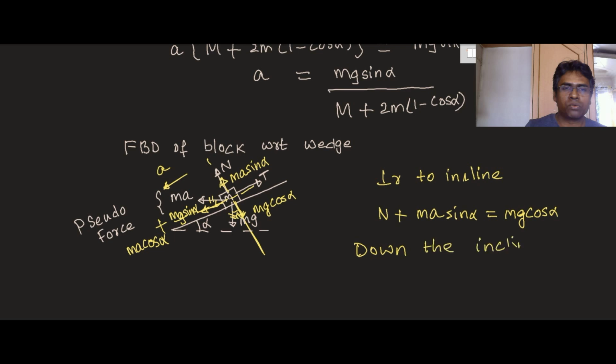Anyway, what forces are down the incline? I have mg sin alpha and ma cos alpha, and upwards I have tension T, so mg sin alpha plus ma cos alpha minus T is equal to mass into acceleration.